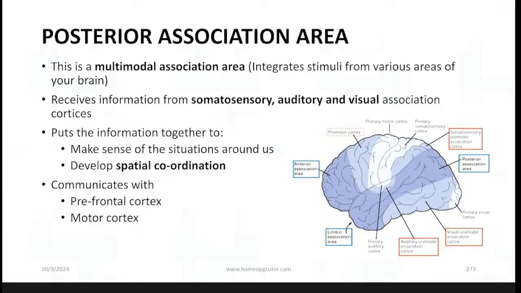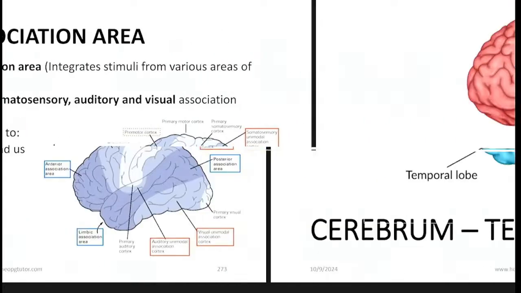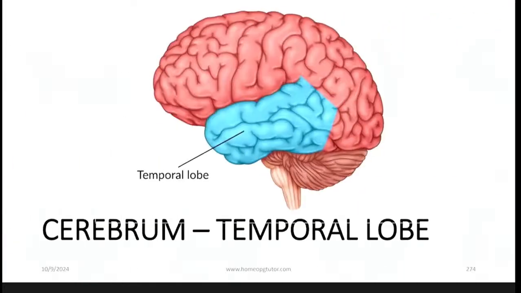They'll make sense of the situation around us and develop a spatial coordination. And finally, whatever information they have taken, they're going to communicate with the prefrontal cortex and the motor cortex. So this was about the parietal lobe. Next one, talking about the temporal lobe.